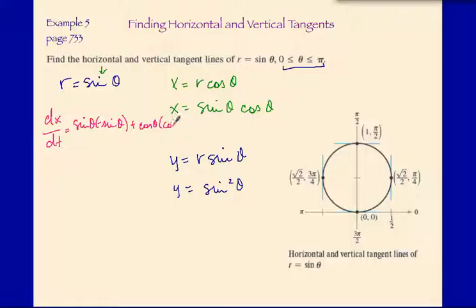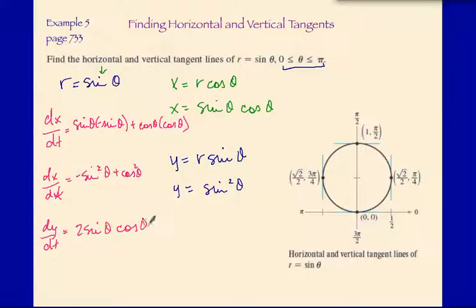So dx/d theta is equal to negative sine squared theta plus cosine squared theta. All right, let's do dy/d theta. dy/d theta is going to be 2 sine theta cosine theta. That one's a little quicker.